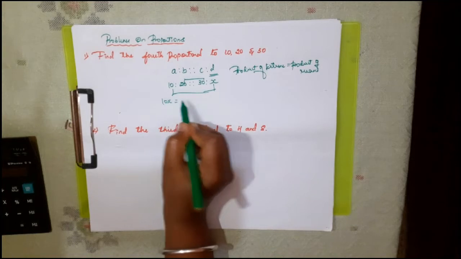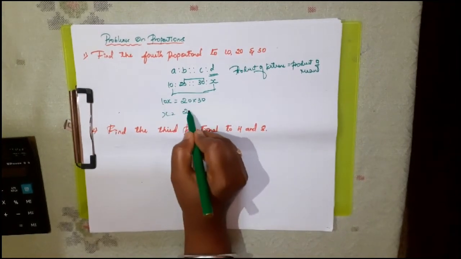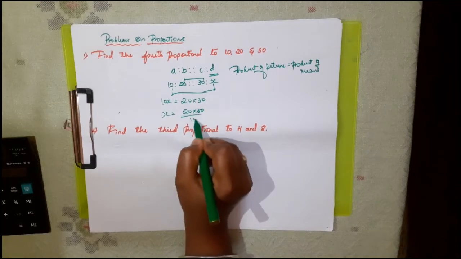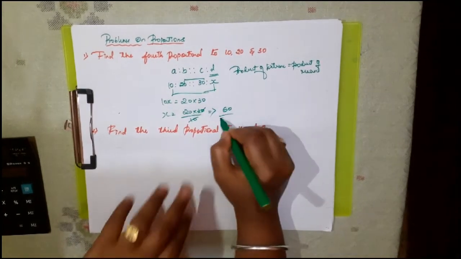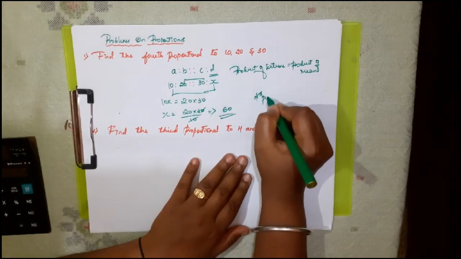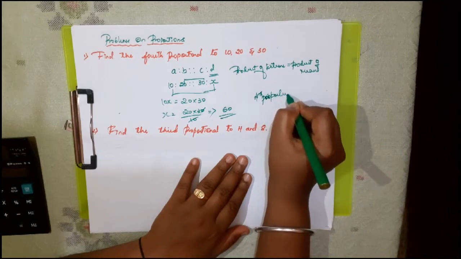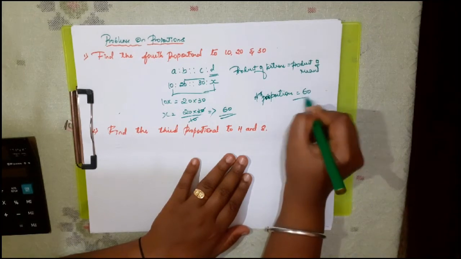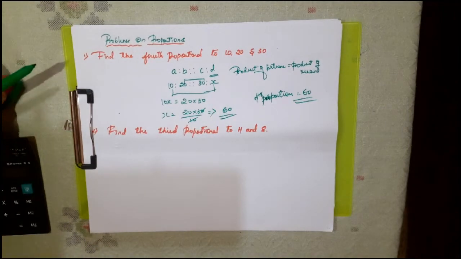So 10x is equal to 20 into 30. X is equal to 20 into 30 by 10. So you're getting 60. Fourth proportion is 60. So this is how you have to calculate if they are asking you about finding the fourth proportion.